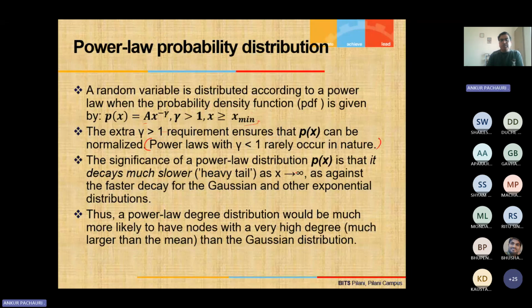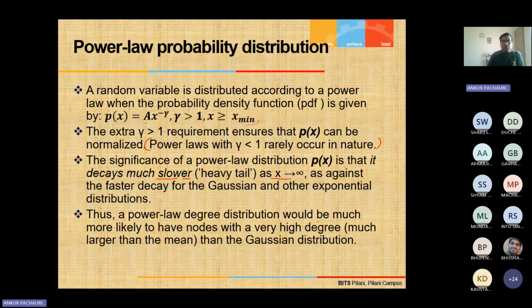The significance of the power law distribution is that it decays much slower as x tends to infinity. That means the tail is heavy. The decay is very slow. Initially it will be very fast, but then it will be very slow.